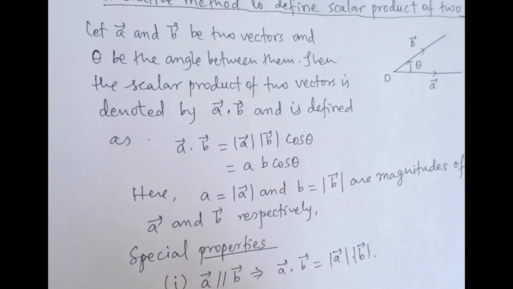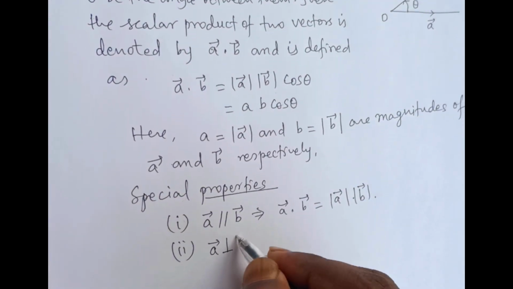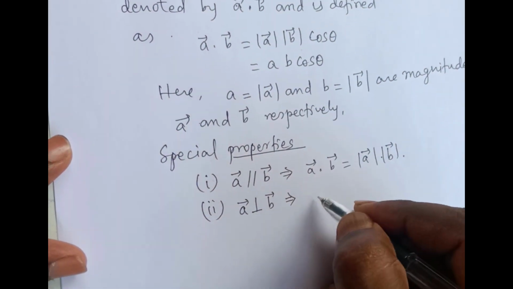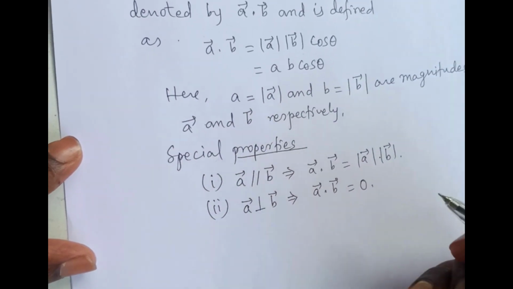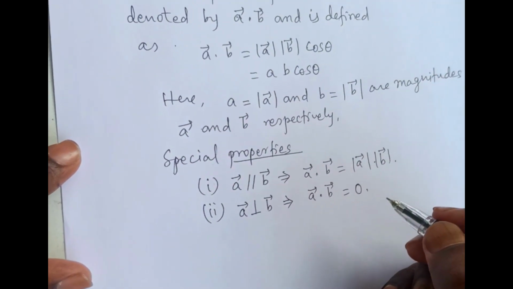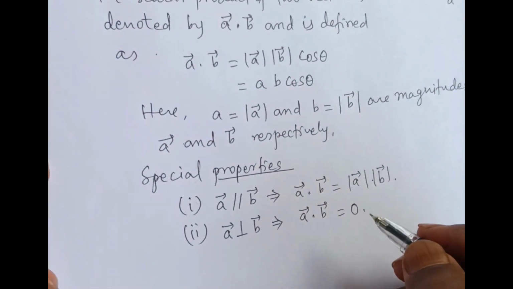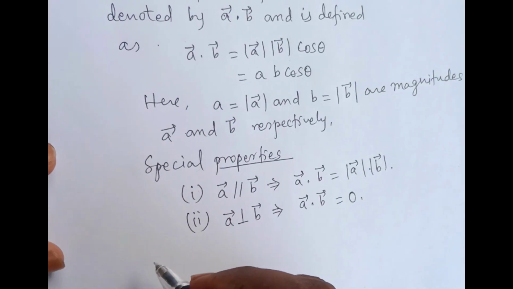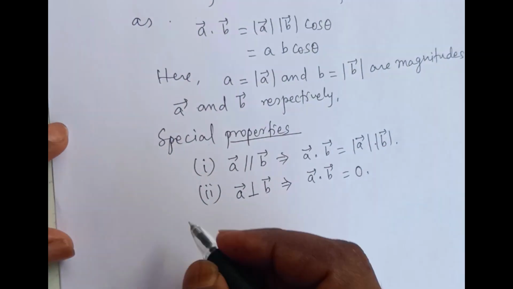This one is the first one, and the second one, if they are perpendicular to each other, at that time a vector dot b vector is equal to 0. So these two special cases we already discussed in the previous video. Now here we are going to discuss the alternative method.